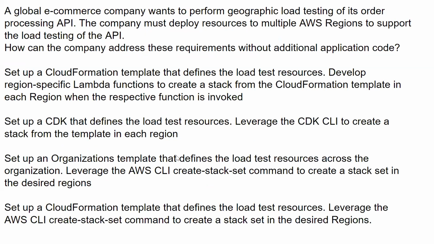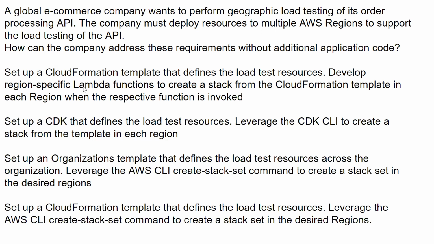All right. A global e-commerce company wants to perform geographic load testing of its order processing API. The company must deploy resources to multiple AWS regions to support the load testing of the API. How can the company address these requirements without additional application code? Set up a CloudFormation template that defines the load test resources.